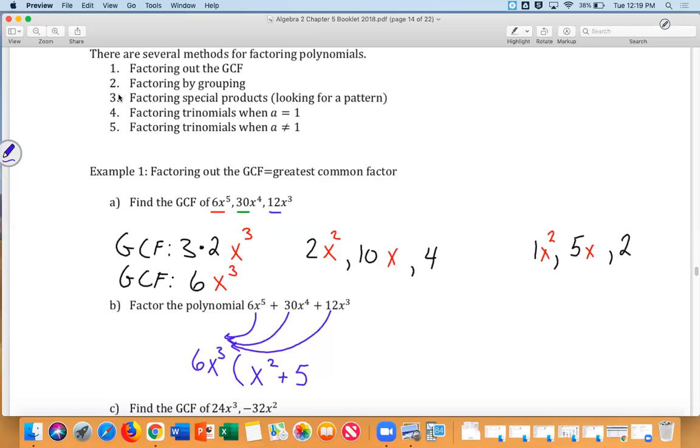X to the fourth divided by x cubed is x. And 12 divided by 6 is 2. And x cubed divided by x cubed is 1. And I'm left with that. So this is my answer, which you can kind of see from up here. You guys okay with that? So far, so good?